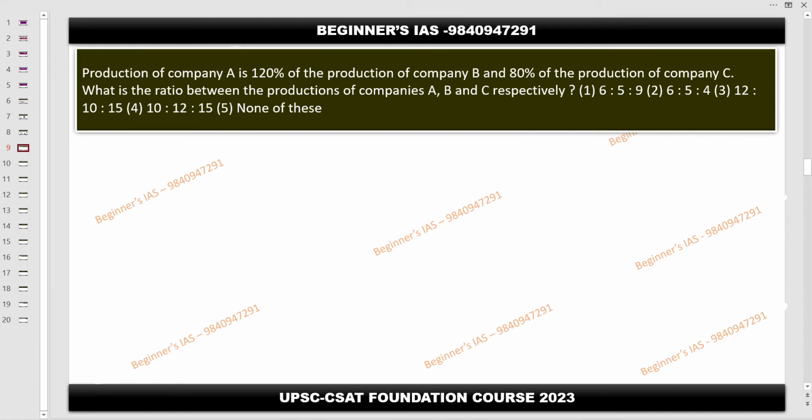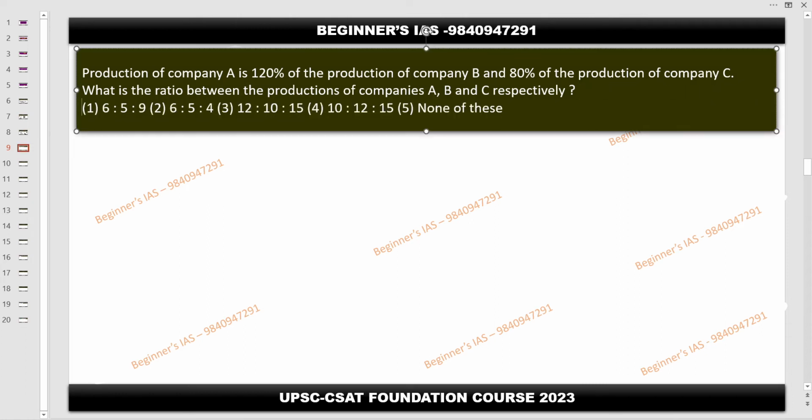The production of company A is 120% more than the production of company B and 80% of company C. What is the ratio between the production of the companies A, B, C respectively? So that is the question here.